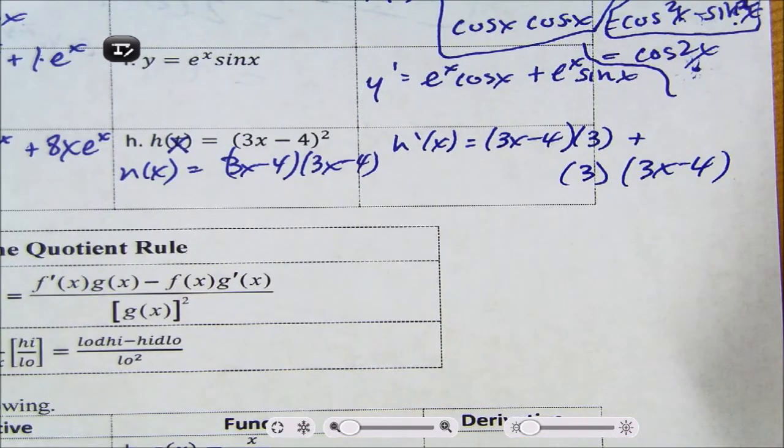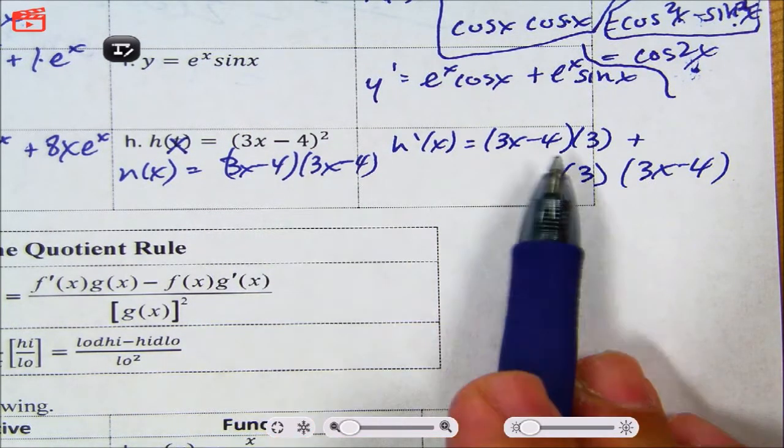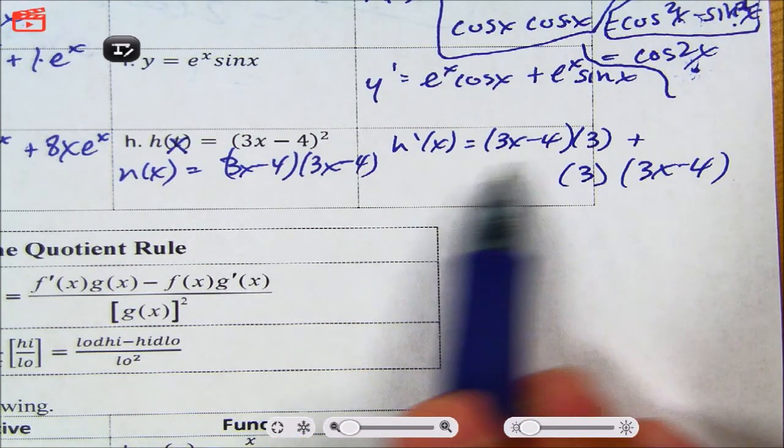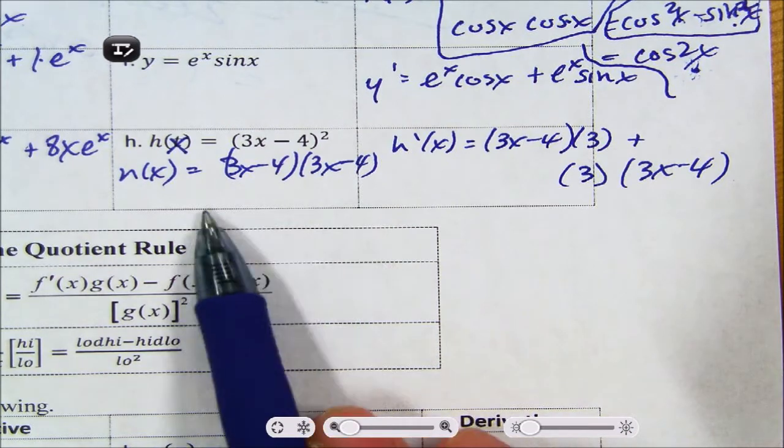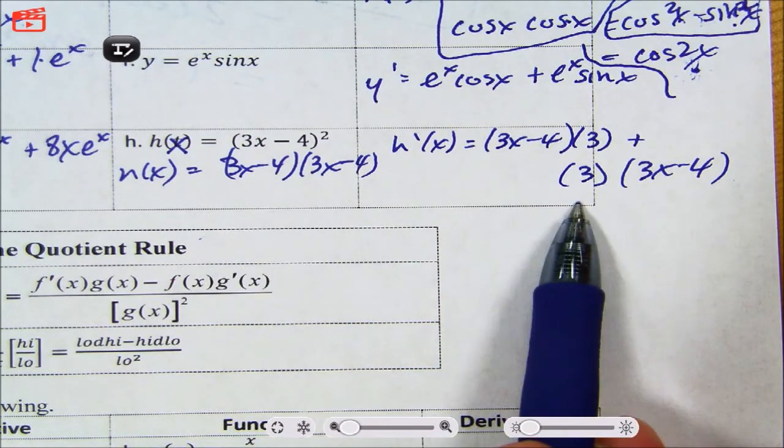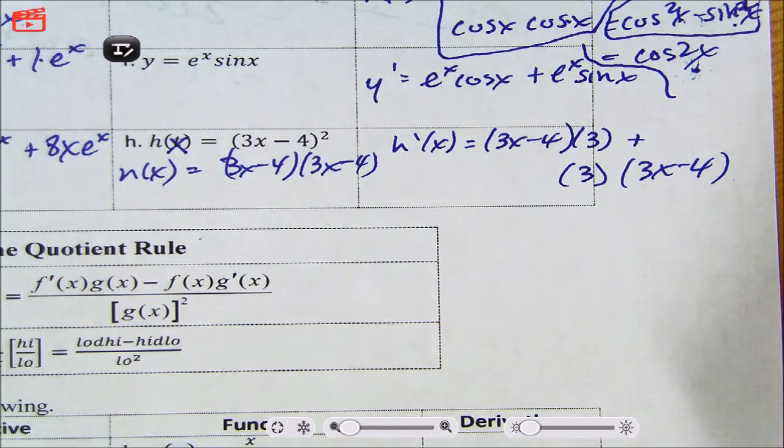So I kept the first function constant just by copying it, then took the derivative of the second function, which is 3, plus took the derivative of the first function, which is 3, times the second function, 3x minus 4.